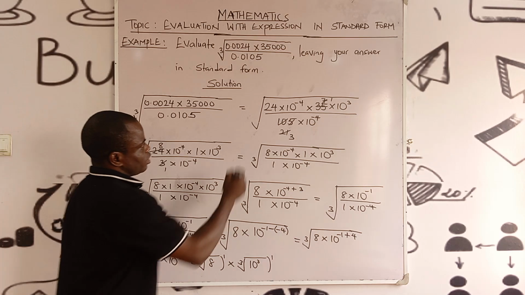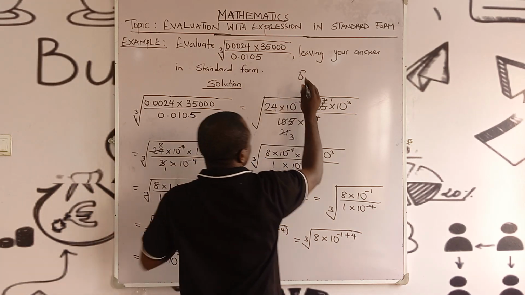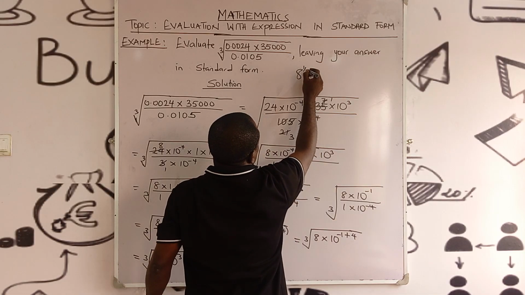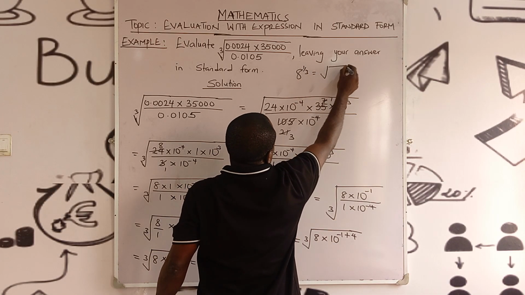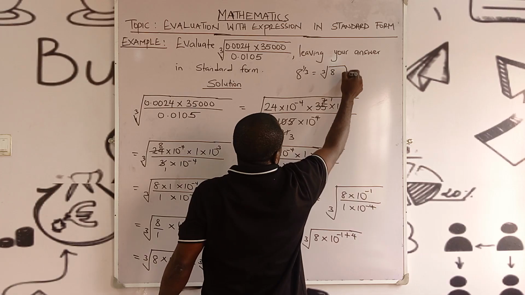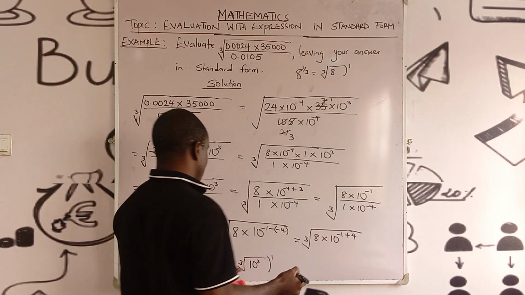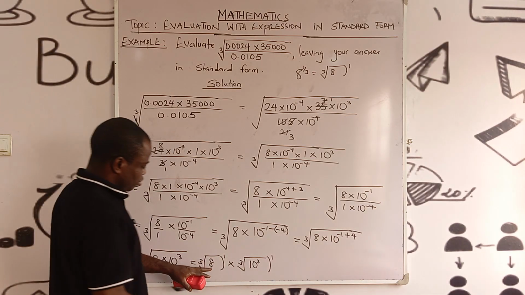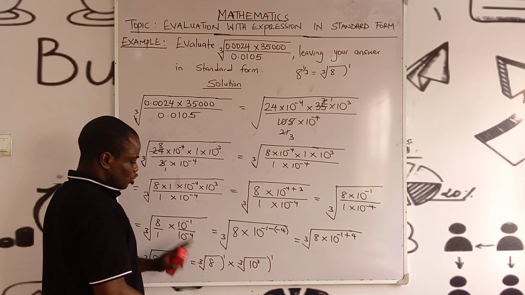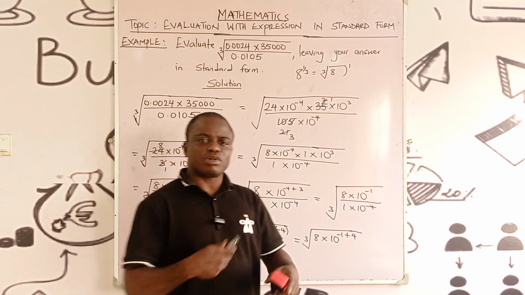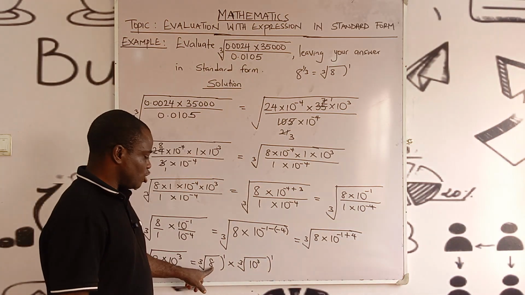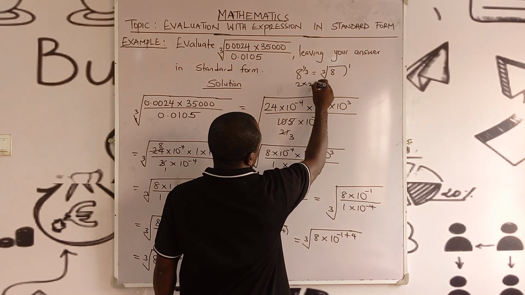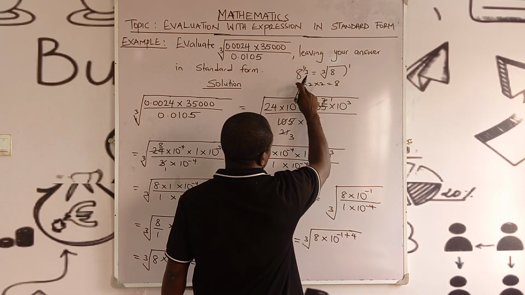You can express it like this: 8 raised to power 1 over 3, which is the same thing as the cube root of 8. Now, the cube root of 8 is 2. It means, what can you multiply together 3 times that will give you 8? It's 2, because 2 times 2 times 2 will give you 8.